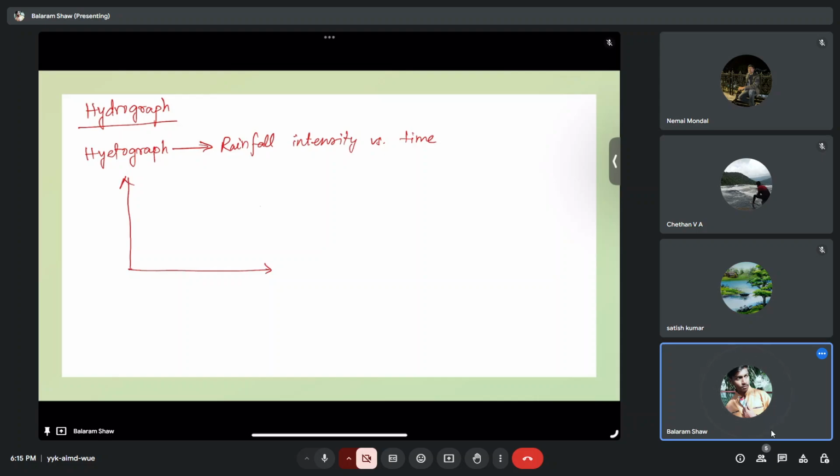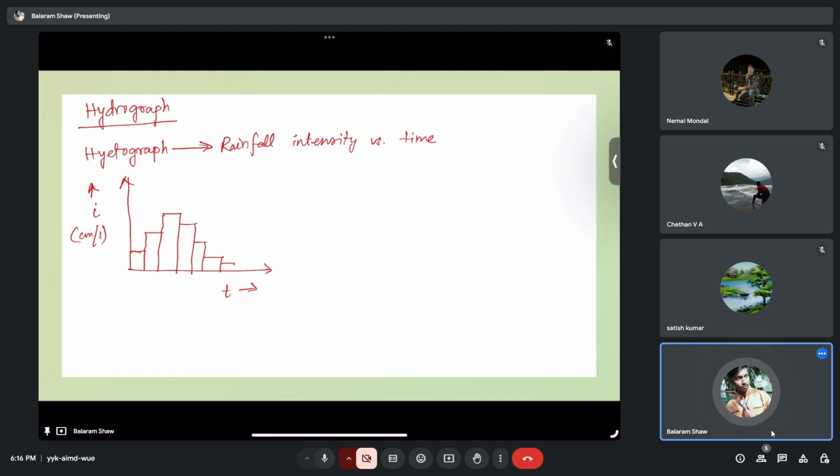Let's say I am denoting the rainfall intensity by I and time by t. Obviously it will be in centimeter per second or meter per second, or millimeter per second, something like that. The plot will be something like this for each time step, let's say in hours, and then it will keep reducing.